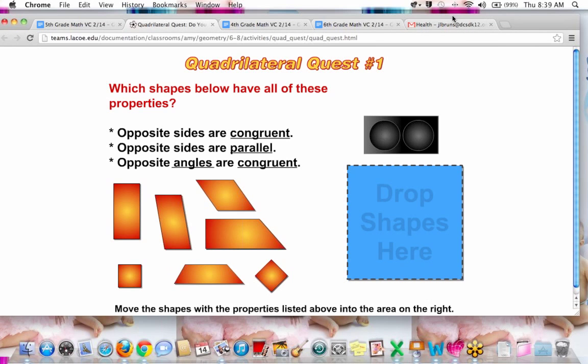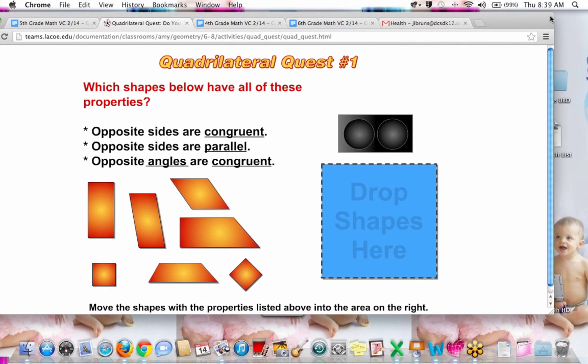I'm going to have you type into the chat which one you want me to do. Which shapes below have all of these properties? They have to have all of the properties. Opposite sides are congruent. Opposite sides are also parallel. Opposite angles are congruent.